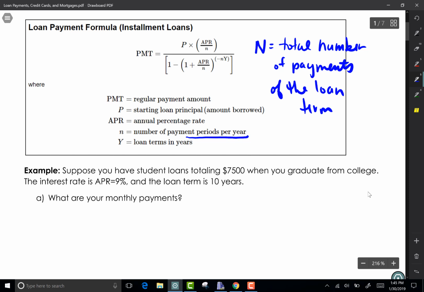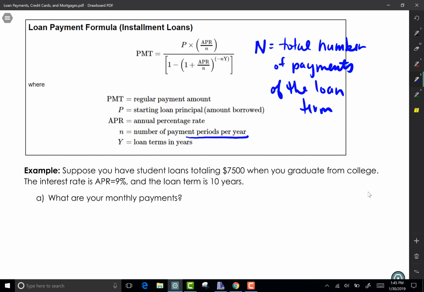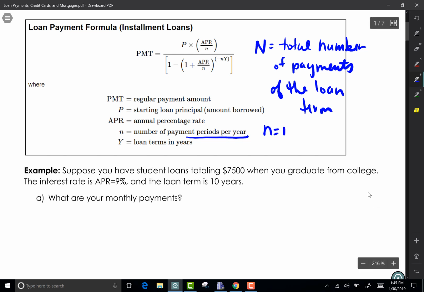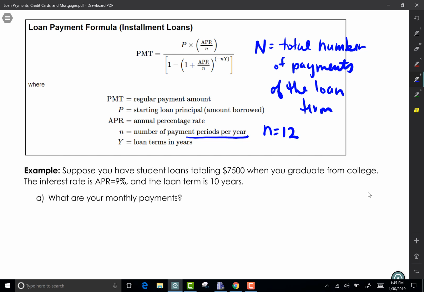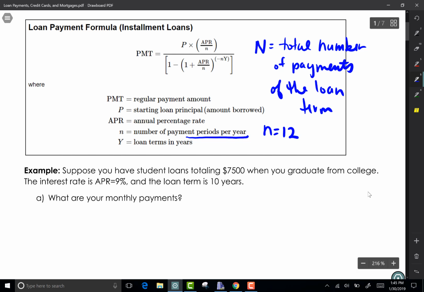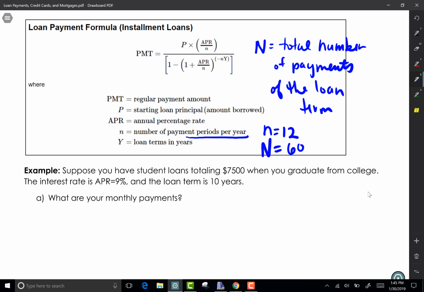So, for example, just a quick refresher, if we are making payments monthly, little n would be 12 because that's 12 times a year. If we have 5 years to pay it off, that means we're making monthly payments for 5 years. So the total number of payments we would be making would be 60 because it's 12 times 5 years. So that's 60. So just a quick refresher on the difference between little n and big N.